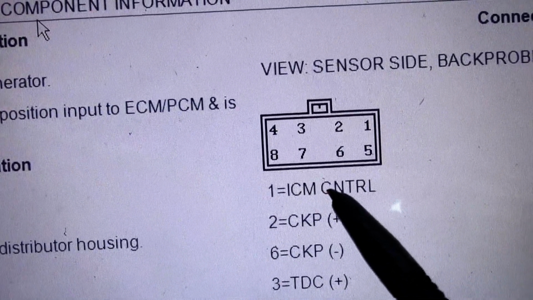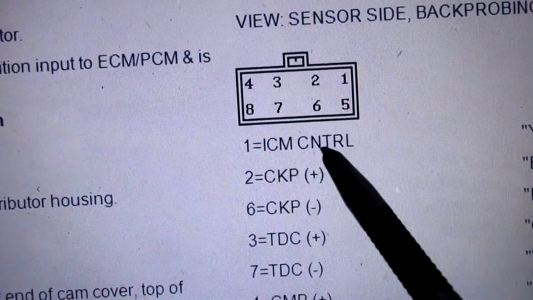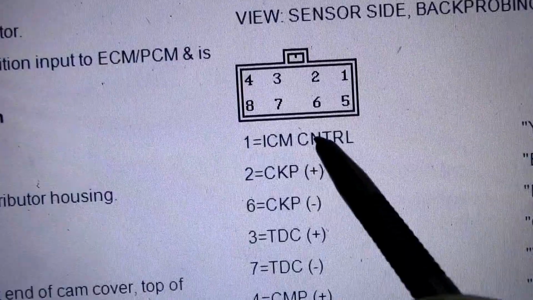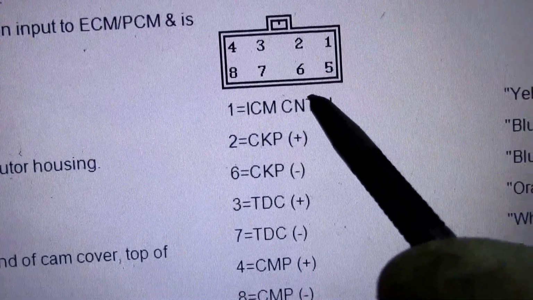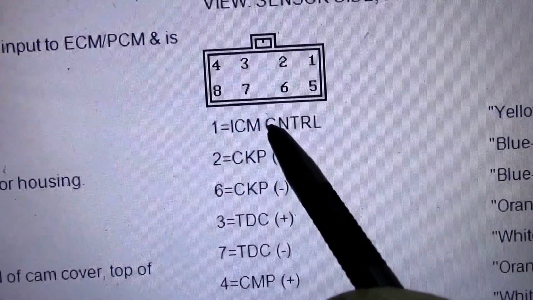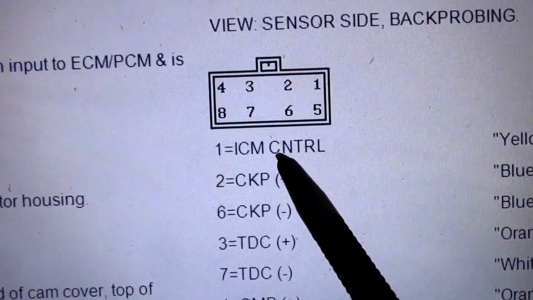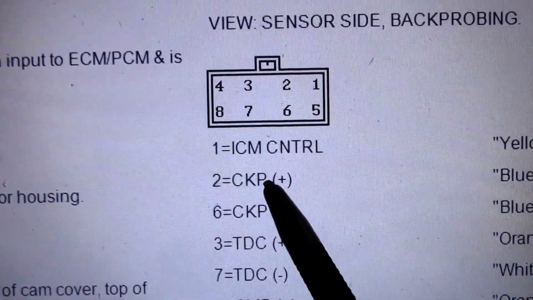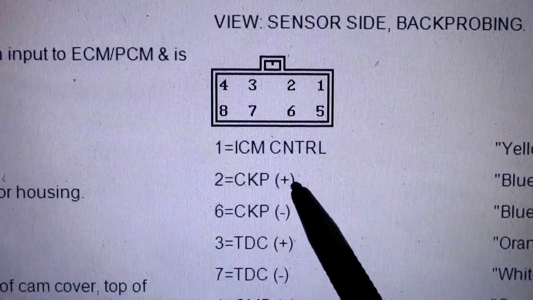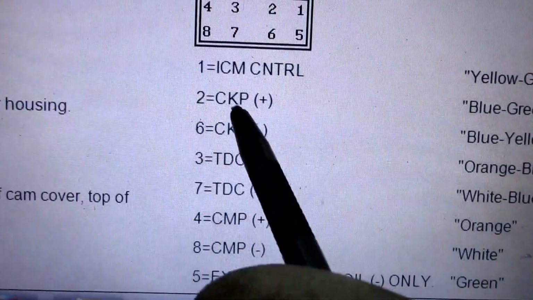1 is ignition control, ICM control. So the computer is controlling that one. The ignition control module is producing the voltage, and the computer is pulling that voltage down to ground when it has the inputs. So CKP is an input, positive CKP, TDC, and CMP.